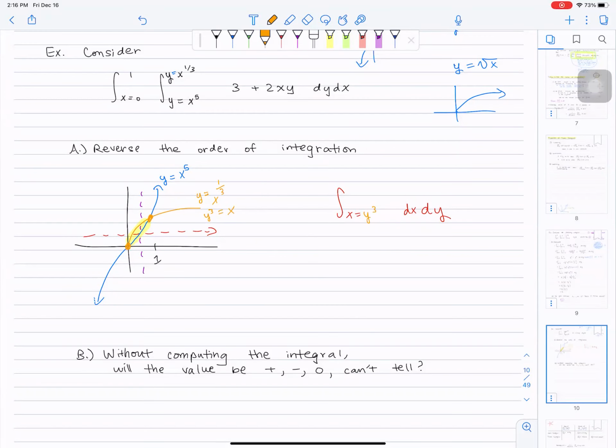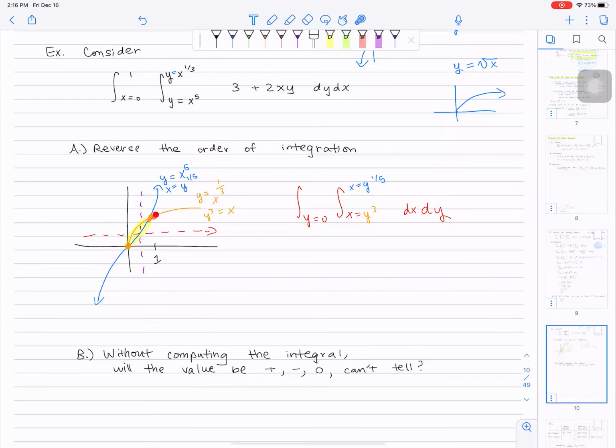What curve do I exit? I exit the blue curve. And that blue curve, if I rewrite it as x equals something, is x equals y to the 1/5, because I take the power of 1/5 to both sides. And then out of all those increasing lines I can draw in the x direction, my smallest y value is 0 still.